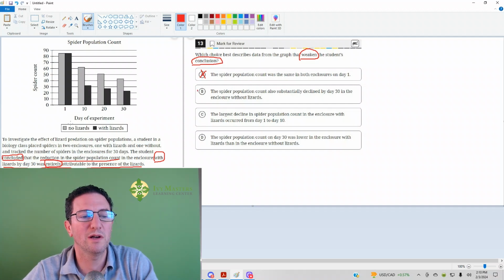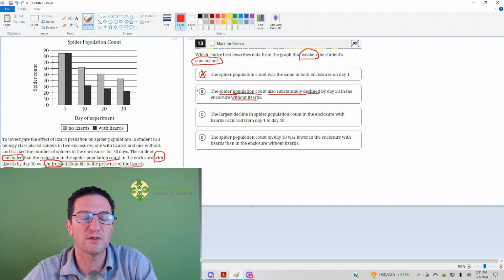My prediction was that if the reduction in spider population was entirely attributable to the presence of lizards, then if there were no lizards, that gray bar would be at 85 the whole time. But that's not true. That gray bar is where there's no lizards. So the population count without lizards also declined a lot. Answer choice B looks perfect.